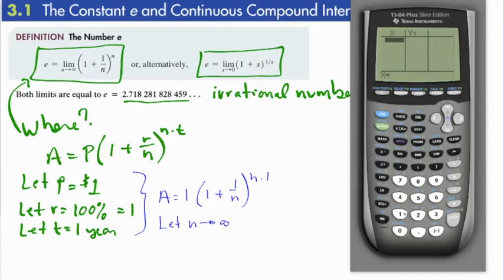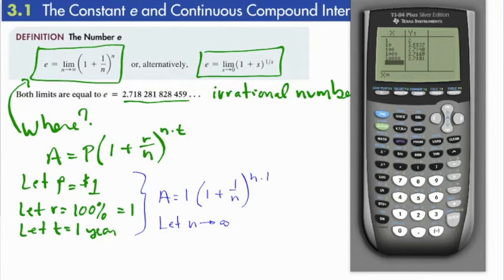And in my table, I'll say after 1 year, that $1 becomes $2. After 10 years, that $1 becomes $2.50. And because we're going to infinity, we want the x value to grow very rapidly. So that's why I'm entering numbers that are much larger.